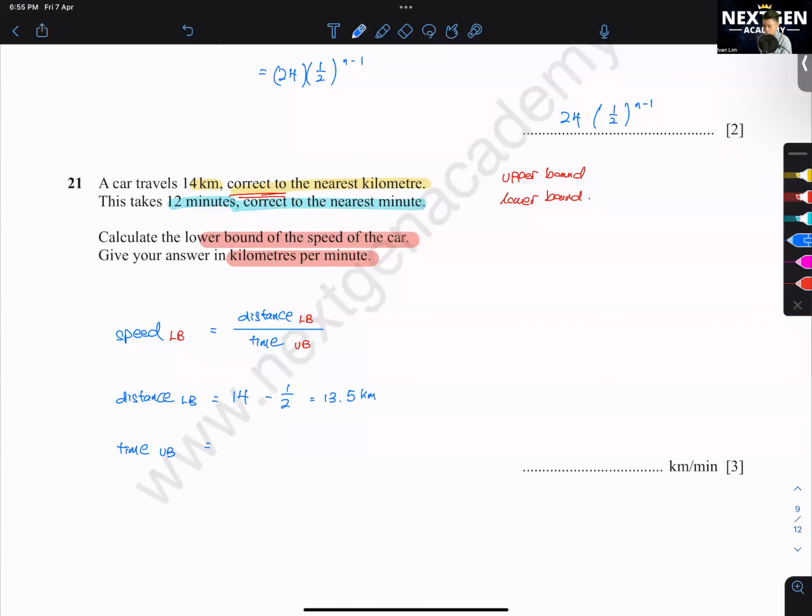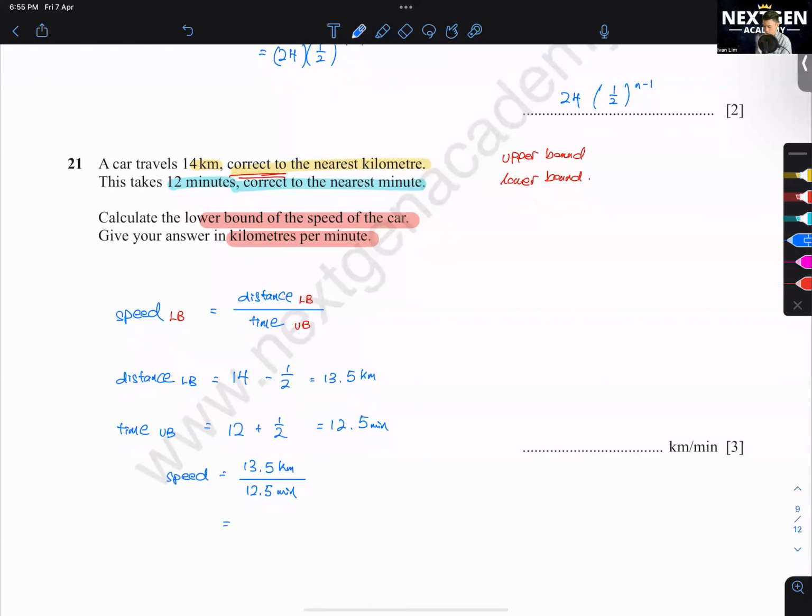So this will be 12 plus 1/2, 12.5 minutes. So your speed equals 13.5 km divided by 12.5 minutes. Just type in the calculator. You get 1.08 kilometers per minute.